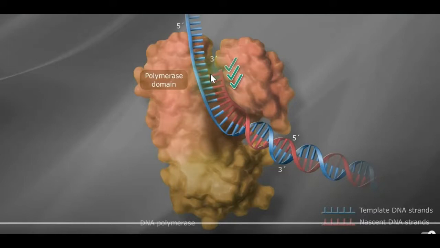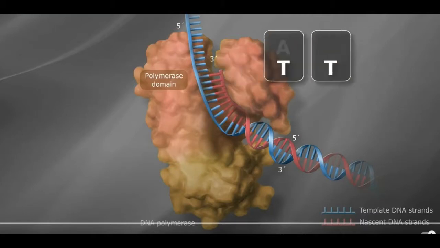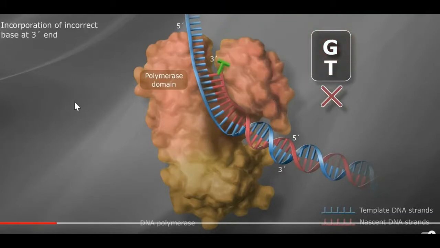But the question is then, what happens if an incorrect nucleotide comes in? So this is just giving you an example then, that a correct base pair would be something like AT, but the question is, what happens if a G comes in instead of an A? So here comes the G, and you can see the initial thing is what we already talked about, which is that it sort of hangs around there, but it doesn't make the enzyme click properly into position.